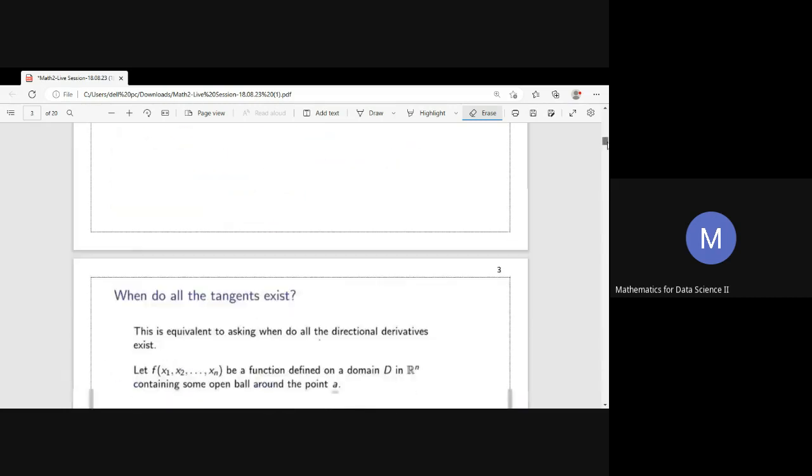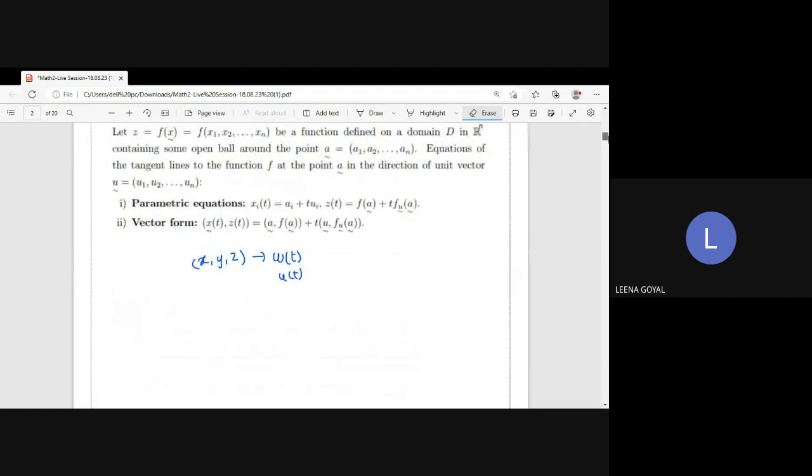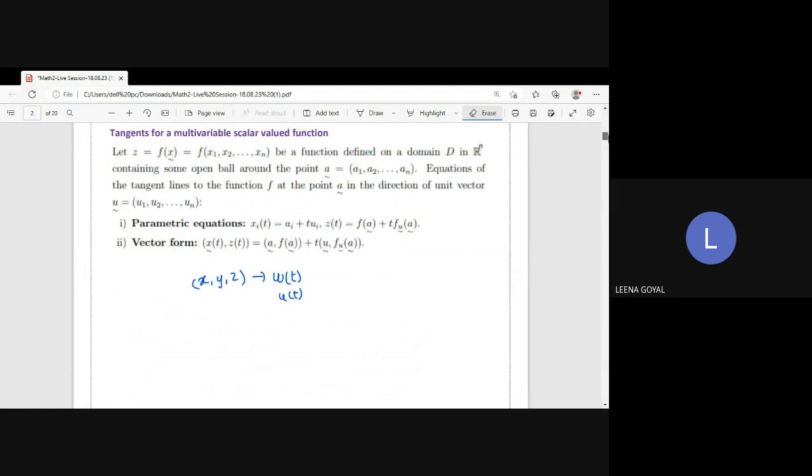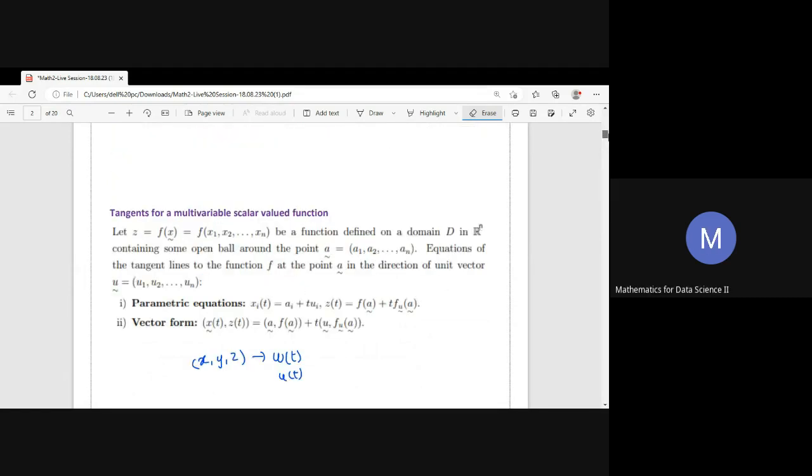Ma'am, what does the tangent plane represent in four variables? See, as I told you, if you are considering x, y, and z, they are all different axes. And the fourth coordinate is f of x comma y comma z. But we cannot visualize it.